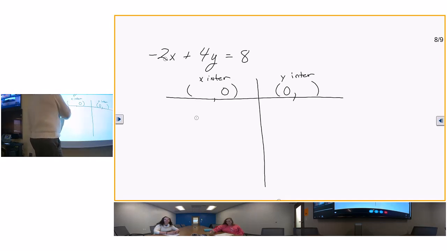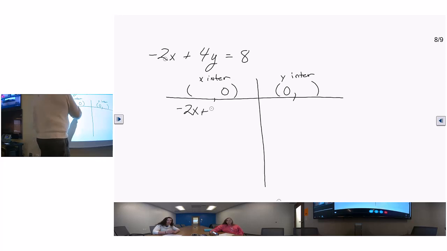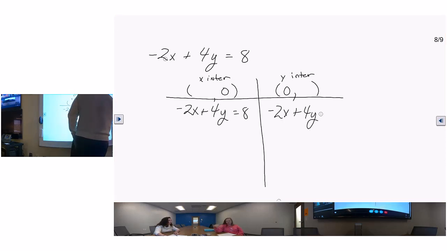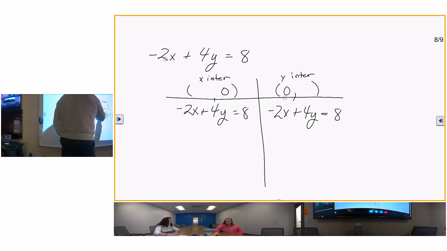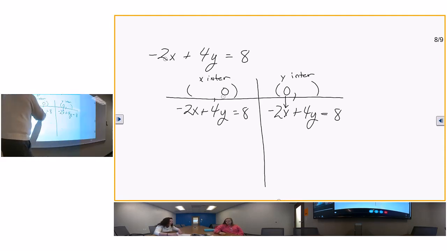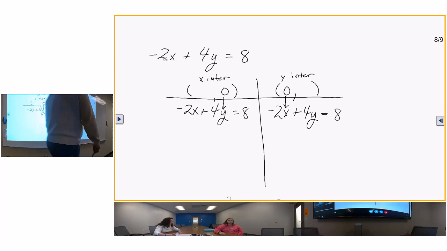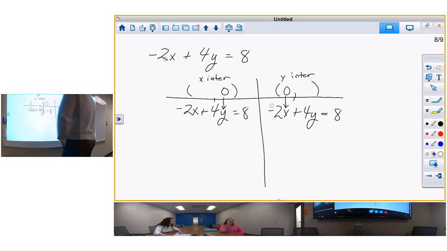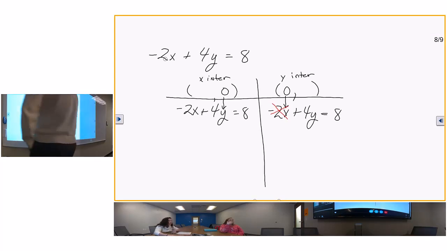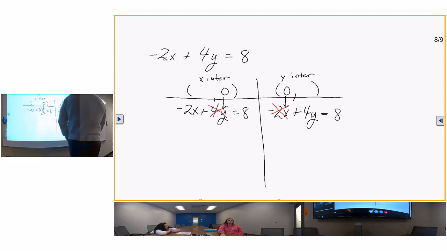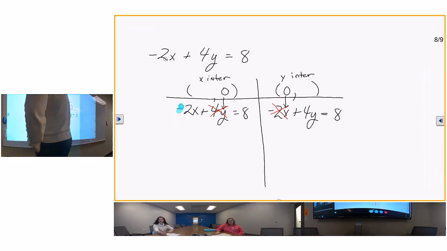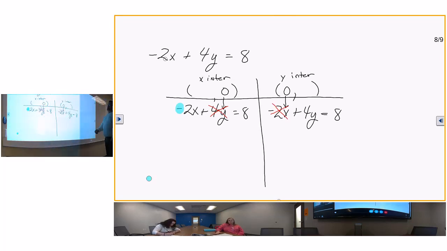All right, so negative 2x plus 4y is equal to 8. Draw your little arrow down there. And of course, the x term goes out. Do we have to be careful on this one? Yes. Why do we have to be careful? Because out front here is our old friend, the negative.